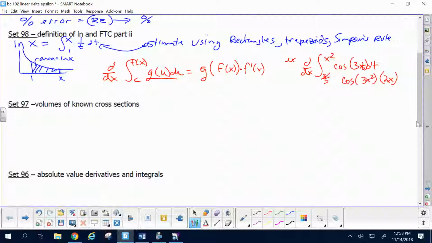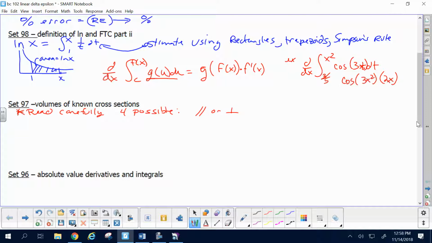Volumes of known cross sections. First of all, before you even get started, I beg you, read carefully, please. There could be 4 possible statements. It could be parallel or perpendicular.